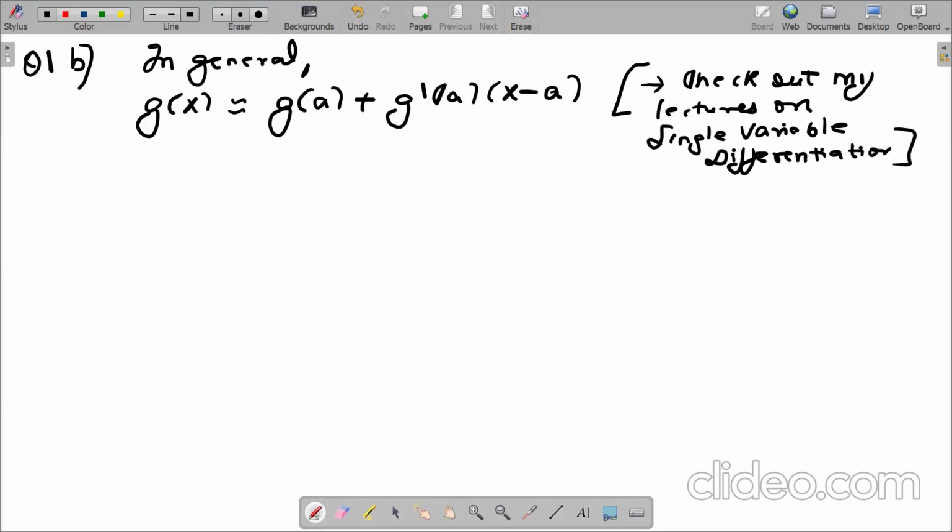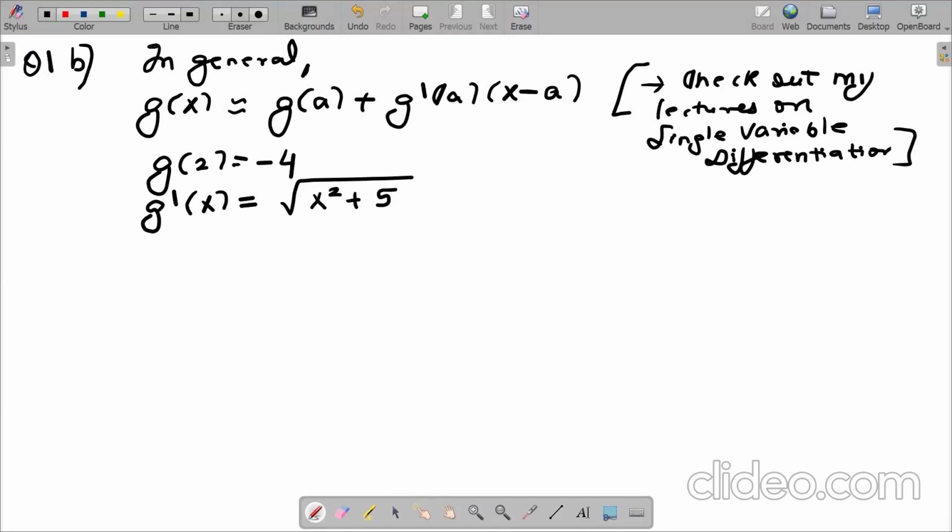Now what is given to us in the question? We are given g of 2 is minus 4 and g dash x is square root of x square plus 5.